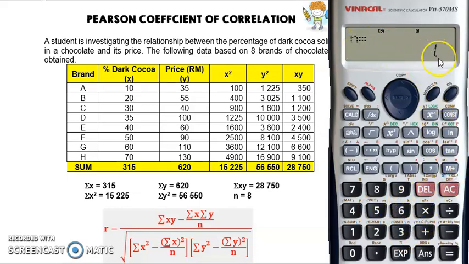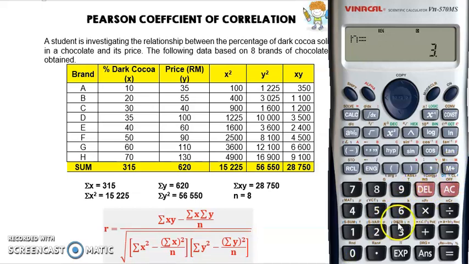Then you get the first data, n equal to 1. Continue the same step until the last data: 20, 55, n plus. Make sure you key in each single data correctly.